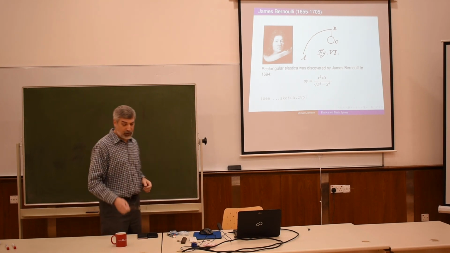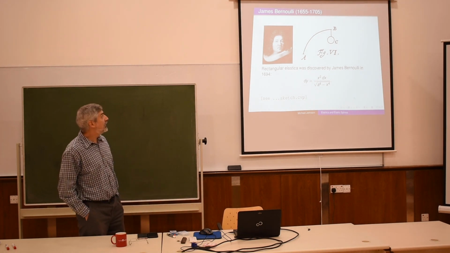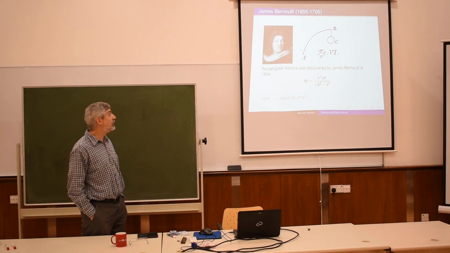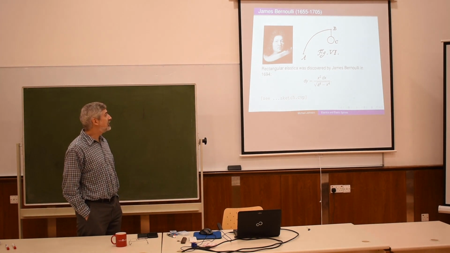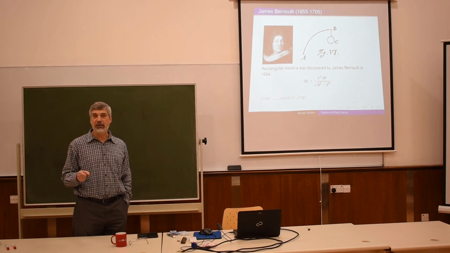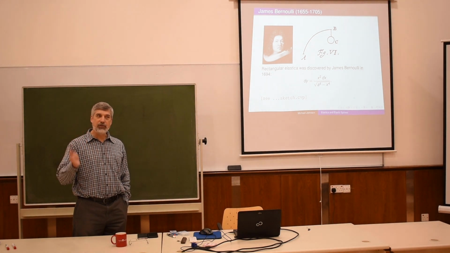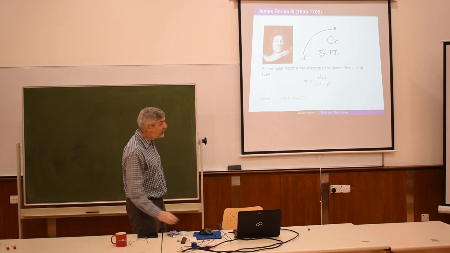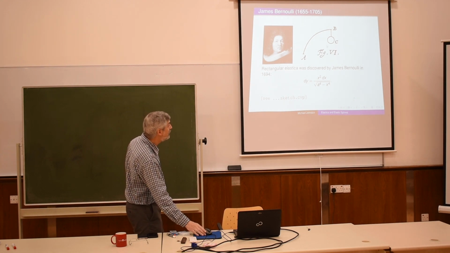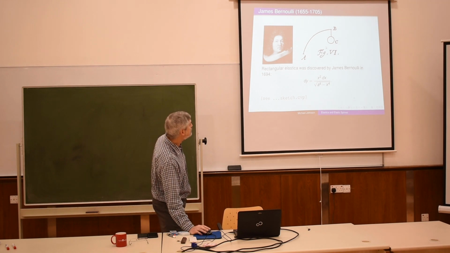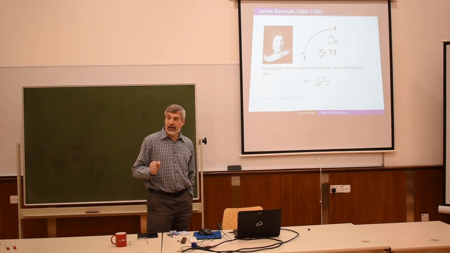Now, this was the original problem of Elastica posed by James Bernoulli in 1690. I think he posed the problem in 1690, and he gave his solution in 1694. This is the actual figure he used when he posed the problem. What's going on is that there's an elastic rod.